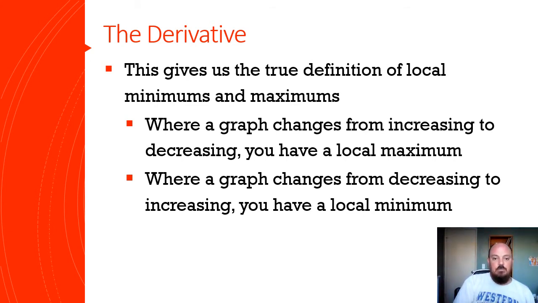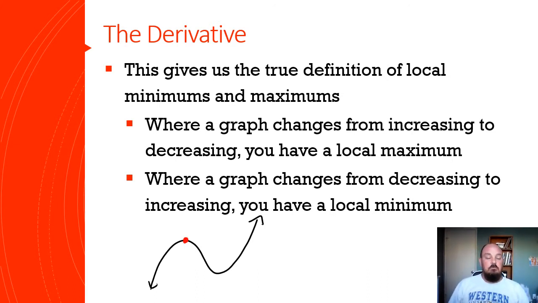So for example, I'll draw a nice simple graph for us. Let's say we have this graph right here. Now this red point right here, that is a local maximum. The real reason it's a local maximum is because imagine a point moving along that graph from left to right. It's increasing, increasing, increasing, up until it hits that point there.